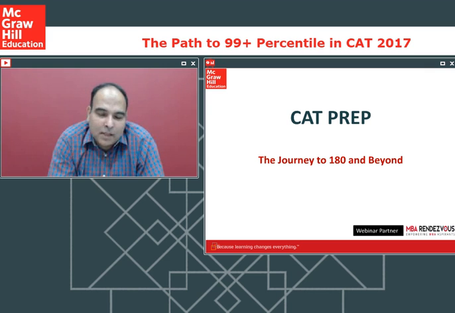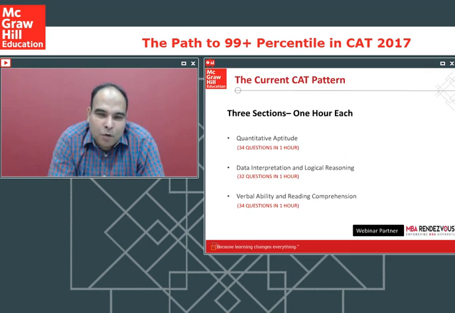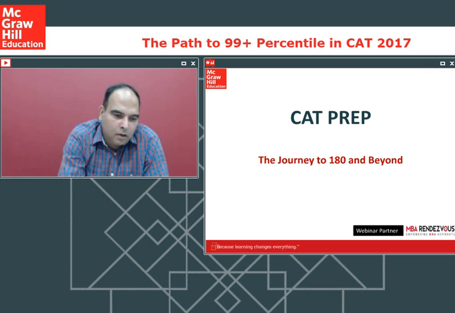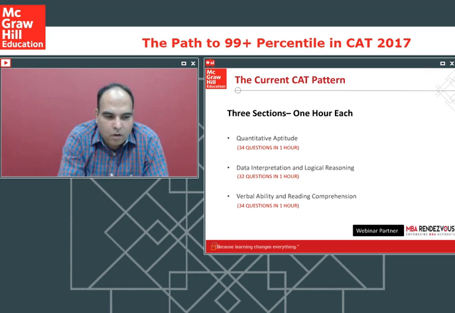So if you are, for example, going for a 60 in quants, if you are in the all correct zone, you need to be approximately 18 to 19 all correct. And if you are in the 10% errors situation, you need to get around 24 correct, 24 attempts with 2 wrongs. Maybe that would do it, right?